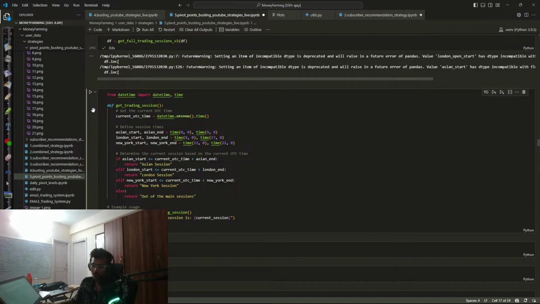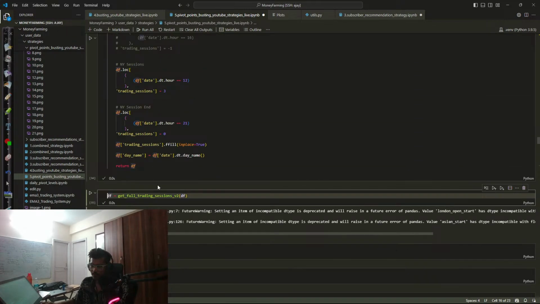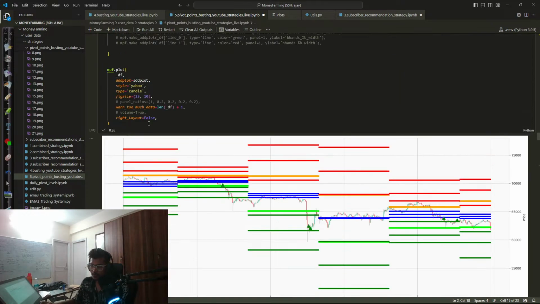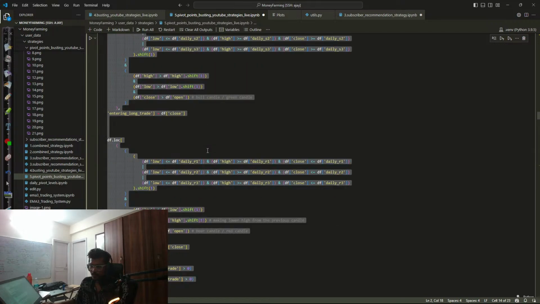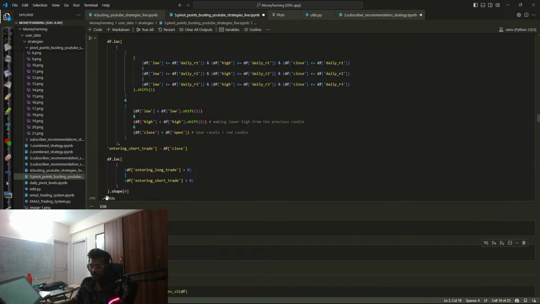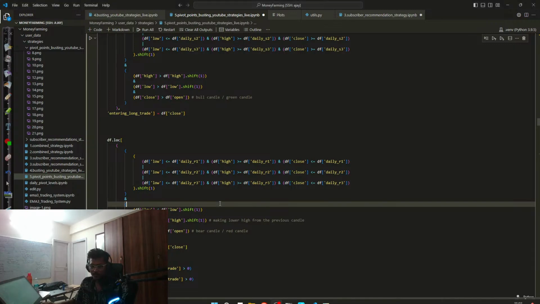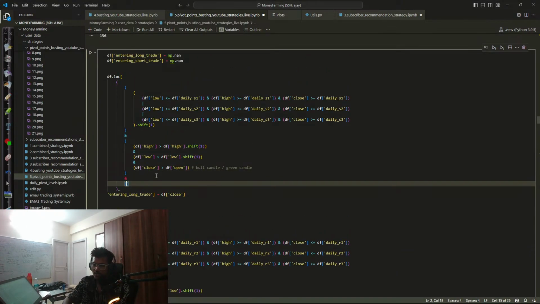I want to add this confluence there in the code. So let's add it here. All right, now let's make a copy of it. So I only want to take trades when the trading session is.